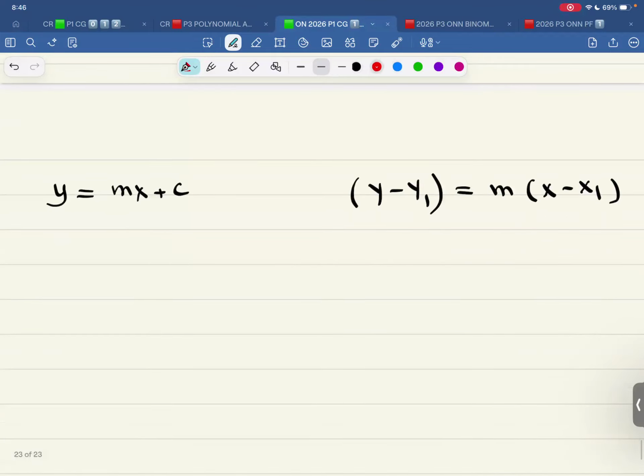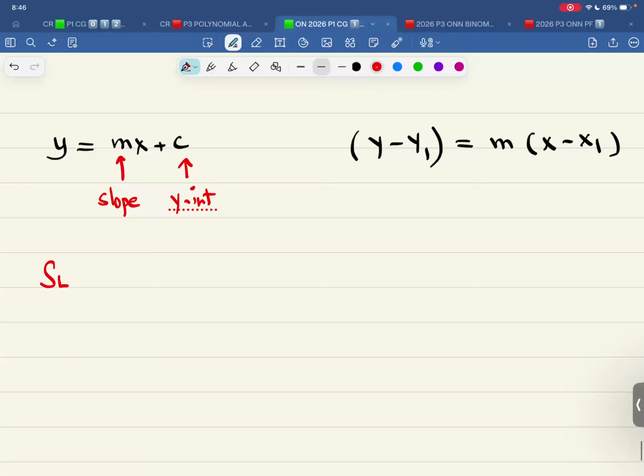The thing on the left, this has a slope, this has a y-intercept, and this is called the slope-intercept format or form of equation of a straight line.